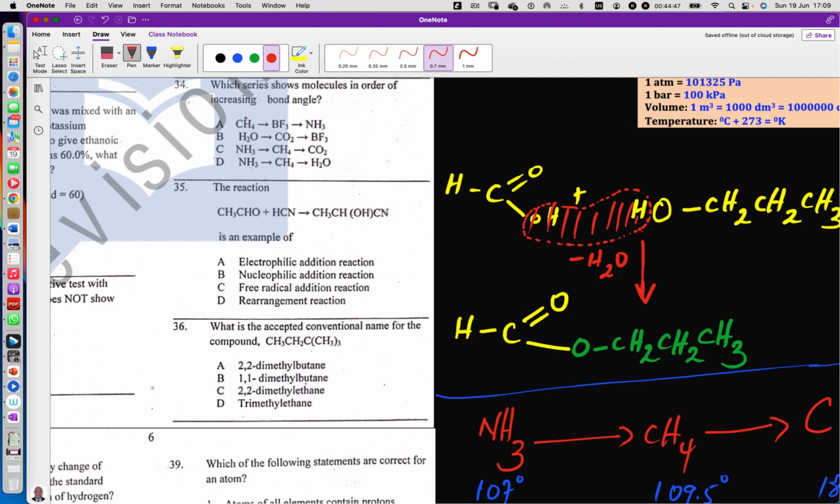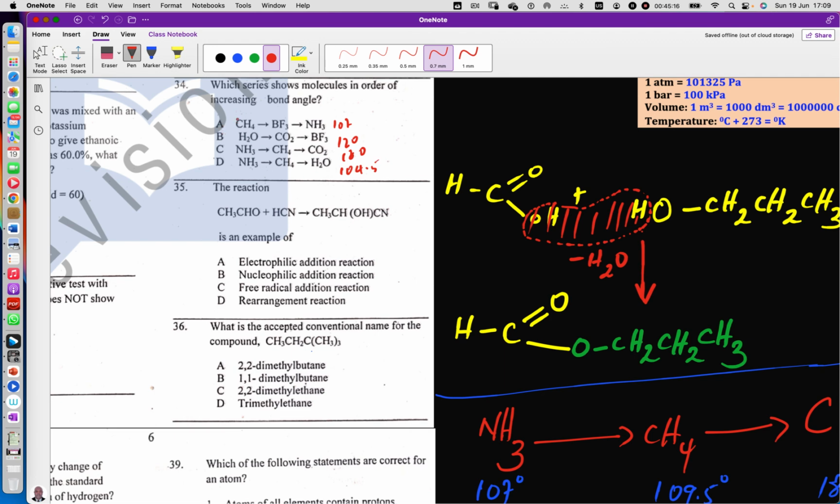Ammonia has a bond angle of 107. Boron trifluoride has a bond angle of 120. Carbon dioxide has a bond angle of 180. And water has a bond angle of 104.5.